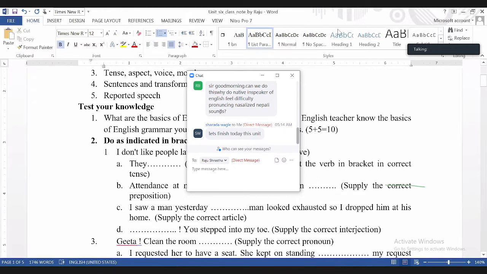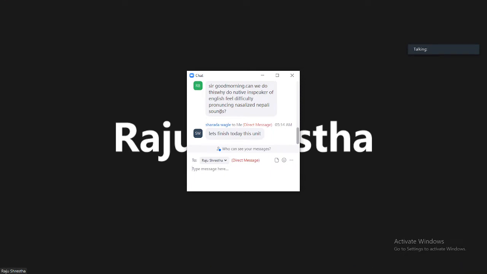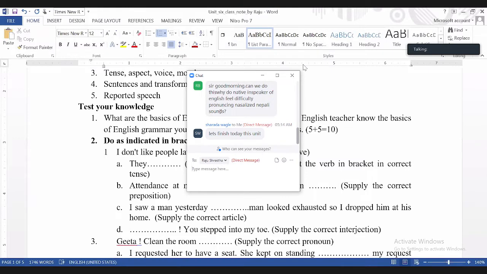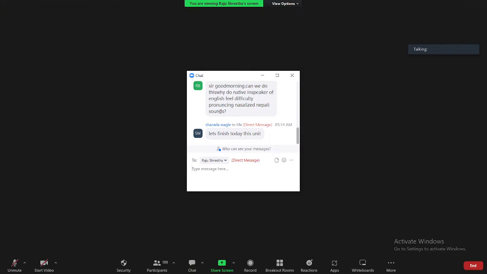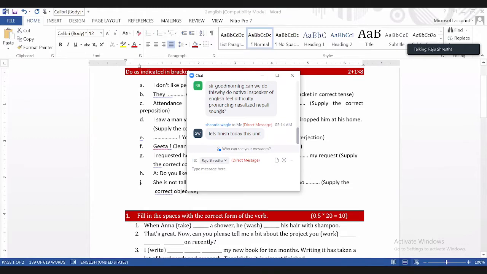Like you know, I will show you from this side another one. This is this question was asked in 2075. Do is indicated in the bracket.